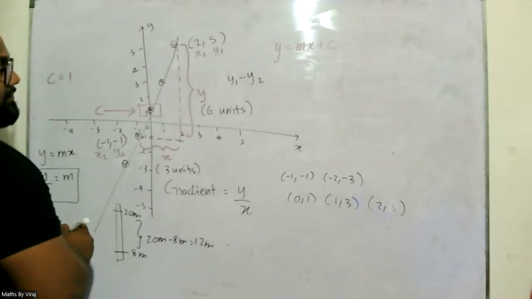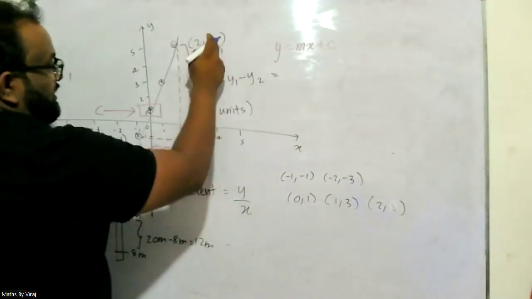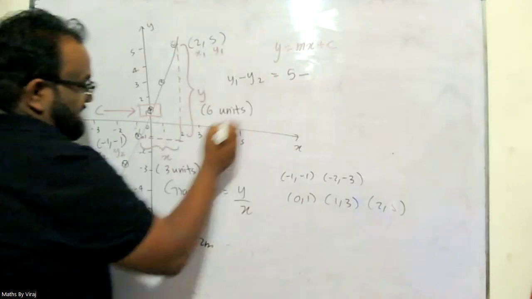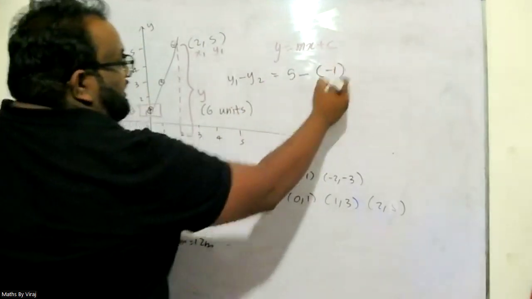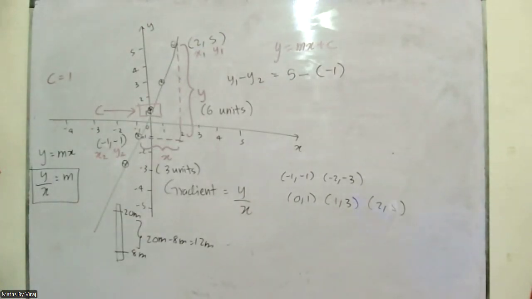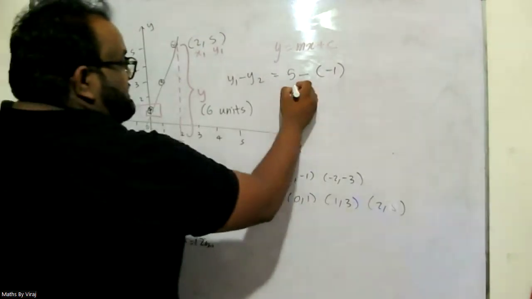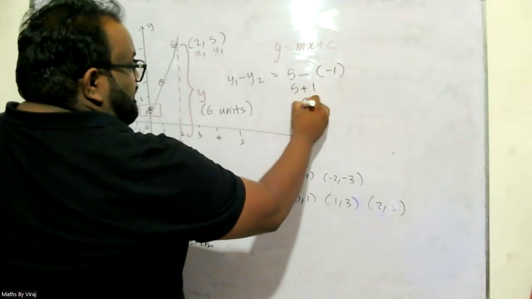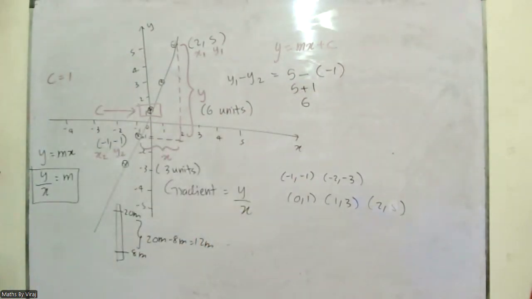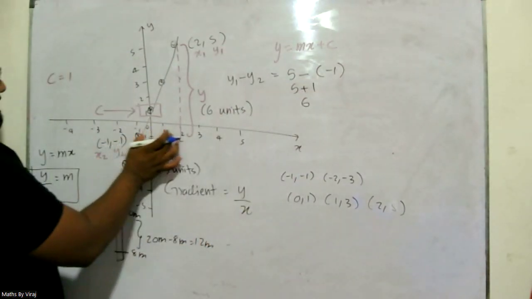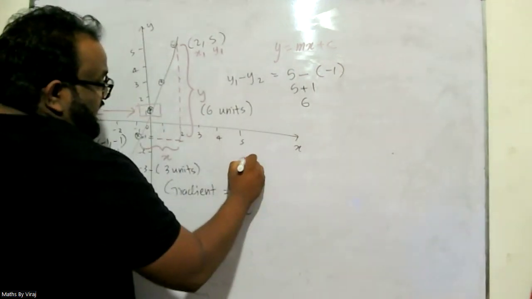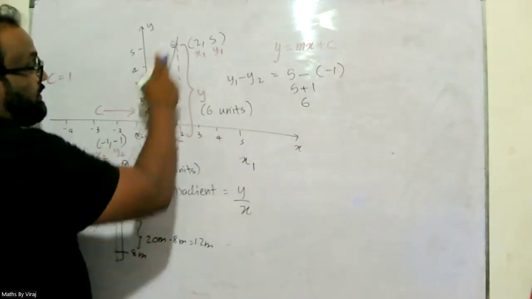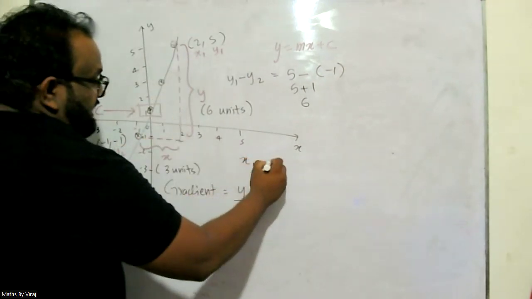That would be 5 minus the coordinate here of y, which is -1. 5 minus -1. We know that this is 5 plus 1, which is 6. The same theory can be applied for the x as well. What would that be? x1 minus x2.